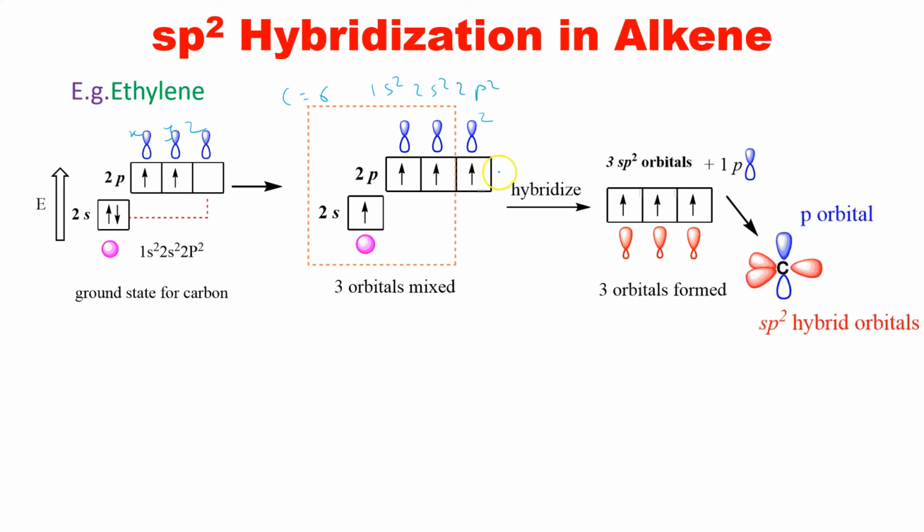The next thing that will happen: these hybrid orbitals will be at an angle of 120 degrees, but this p orbital will always be at 90 degrees to all the hybrid orbitals. It has been indicated with a different color.